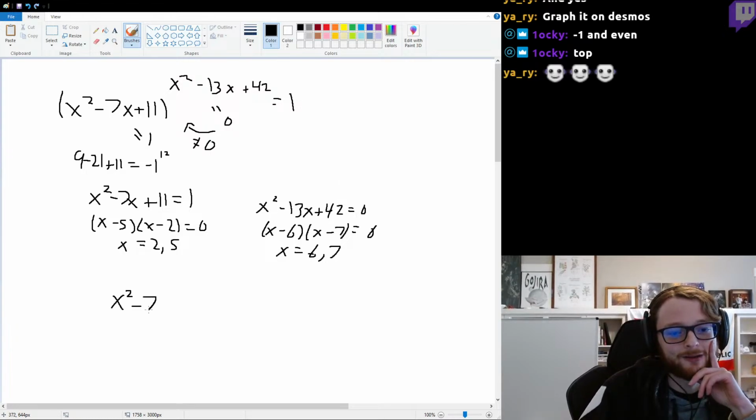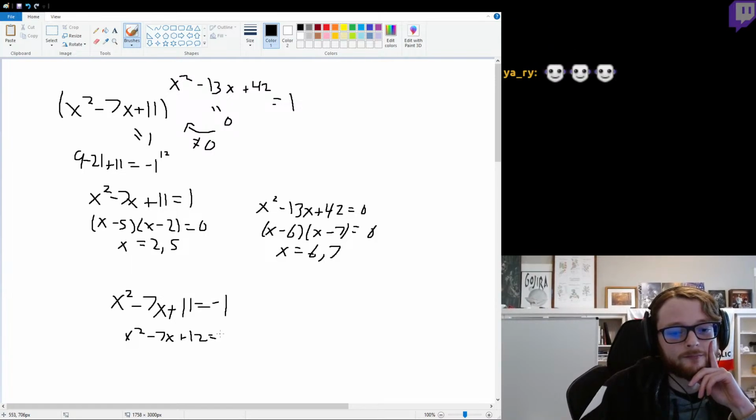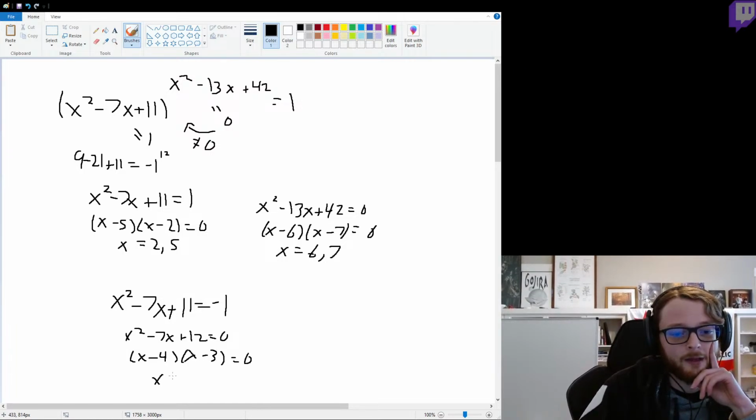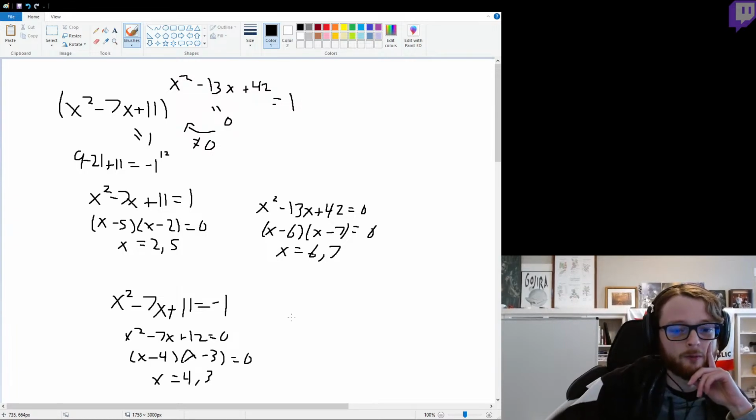That is a nice trick. It's nice how these all factor cleanly as well. I assume x equals 4 would give an odd power, so it wouldn't work.